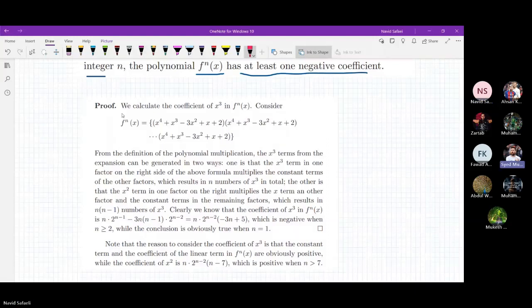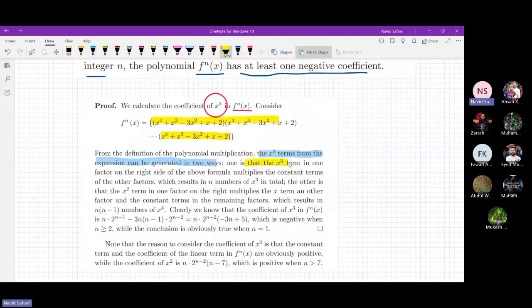Indeed, we calculate the coefficient of x cubed in f^n of x. Indeed, f^n of x would be the product of these brackets, correct? Yes, sir. x cubed terms from the expansion can be generated in two ways. One is the x cubed term in one of the factors, multiplied by the constant terms of the other factors.